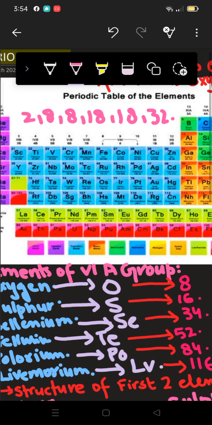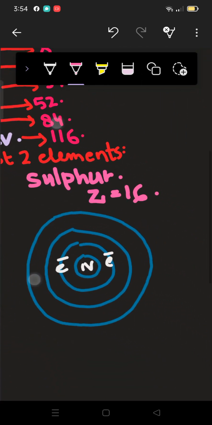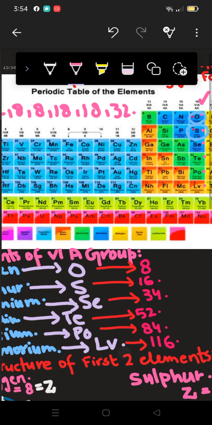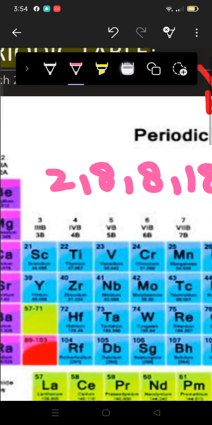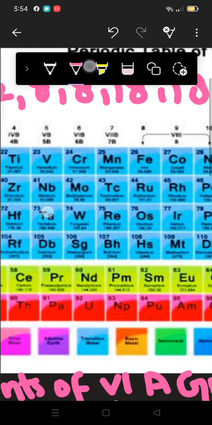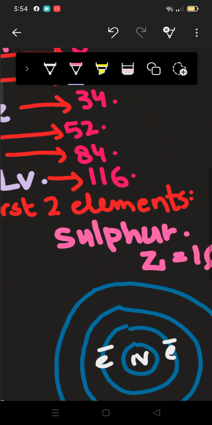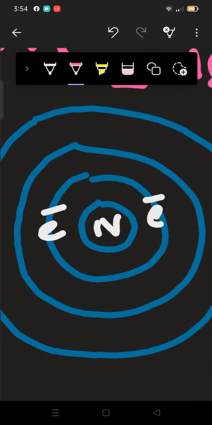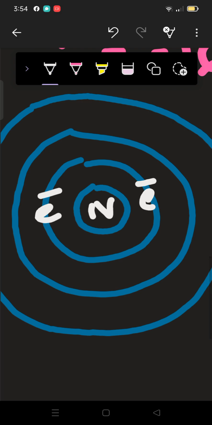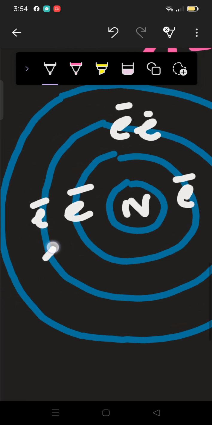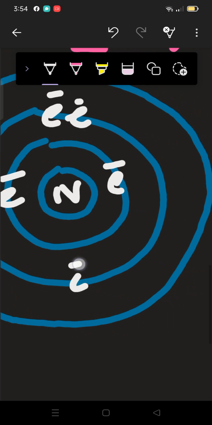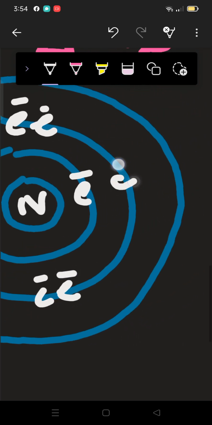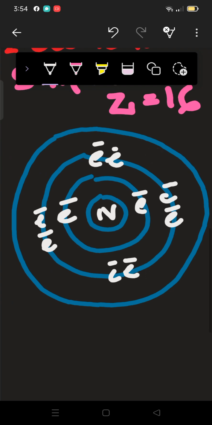So the second shell has 8 electrons, and 2 are in the first shell. For the second shell: 2, 3, 4, 5, 6, 7, 8. 8 plus 2 is 10.